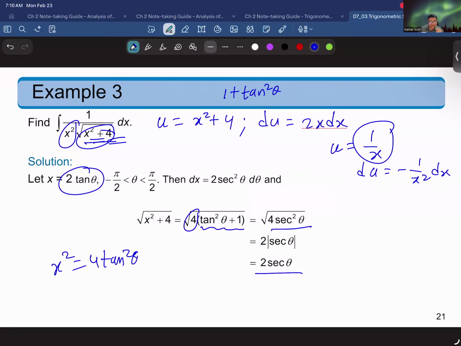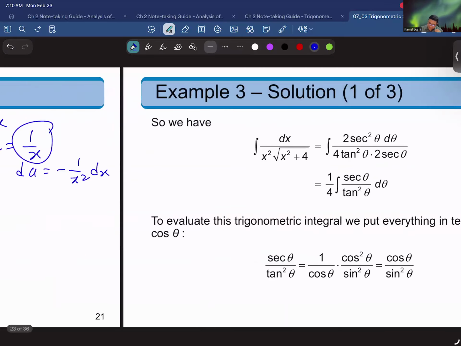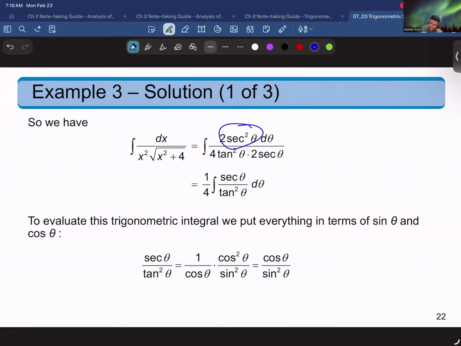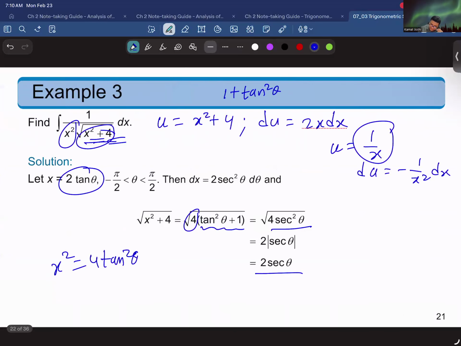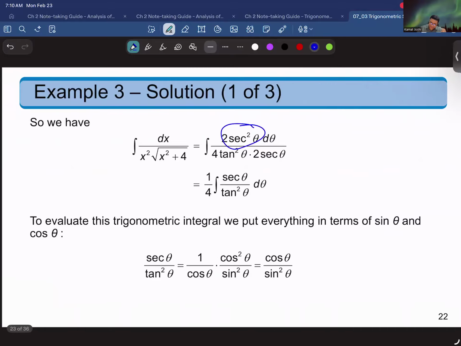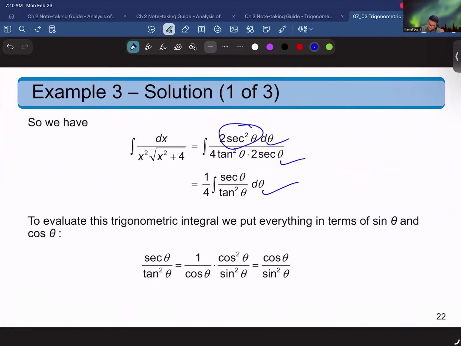Now you substitute back. x is 2 tan theta, so dx is 2 sec square theta d theta, and you make all the substitutions here.